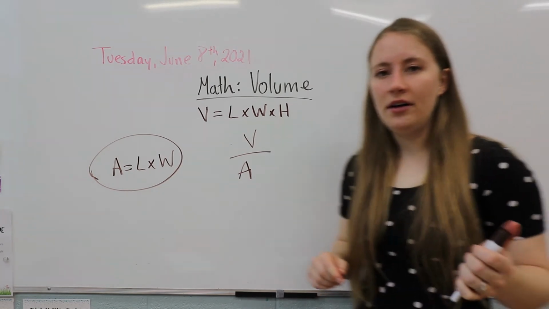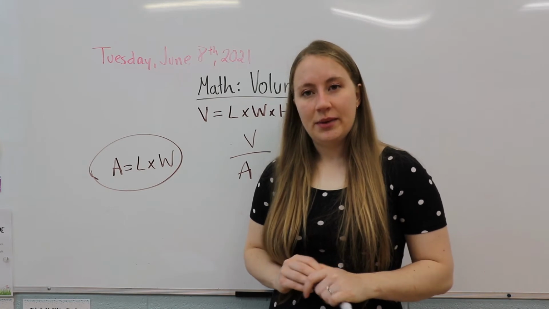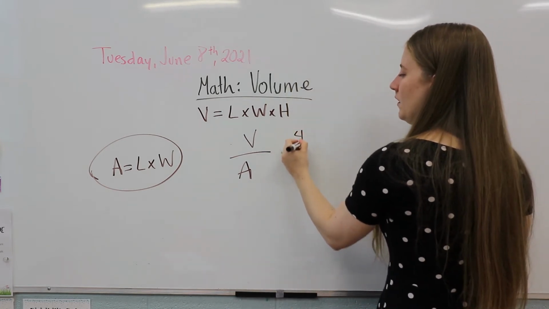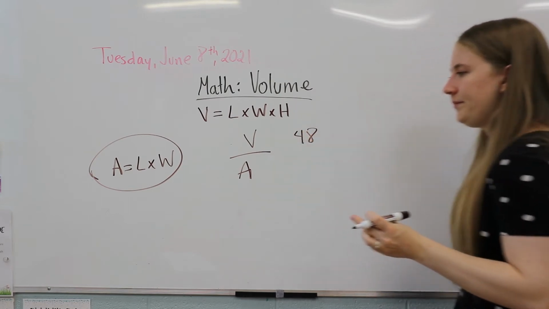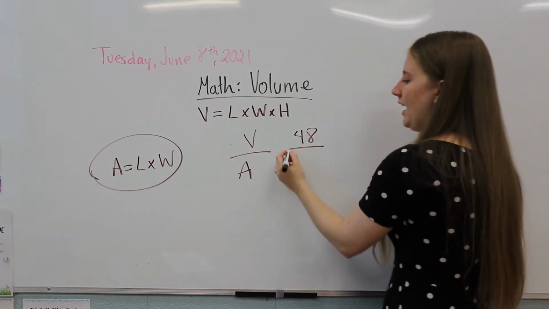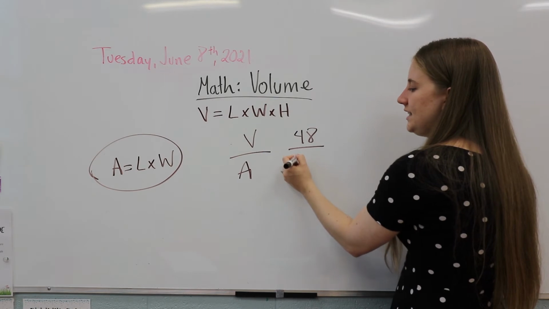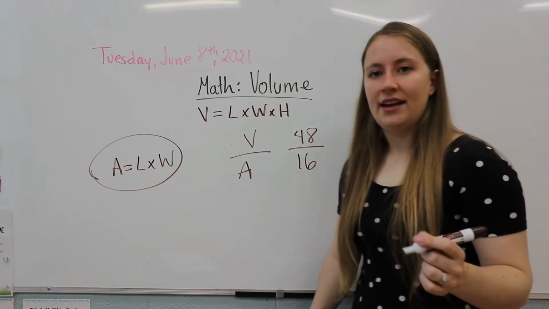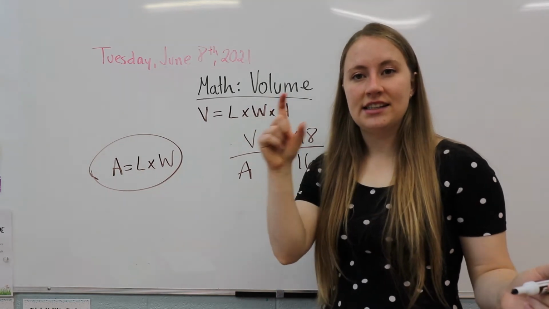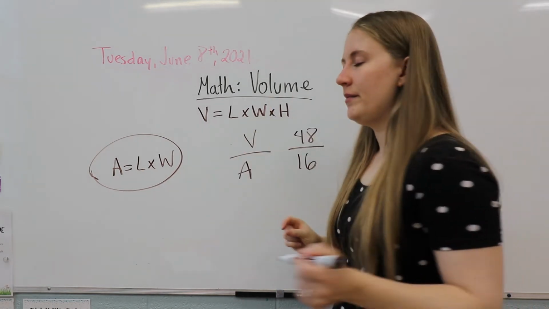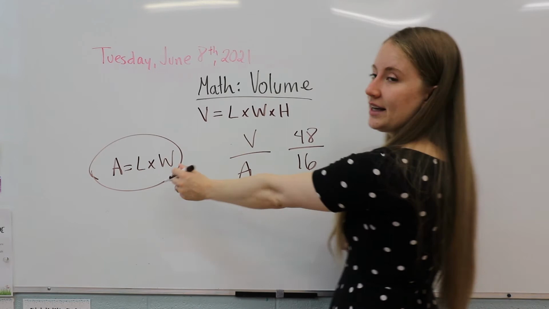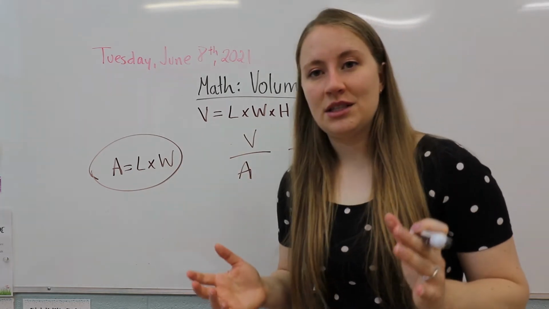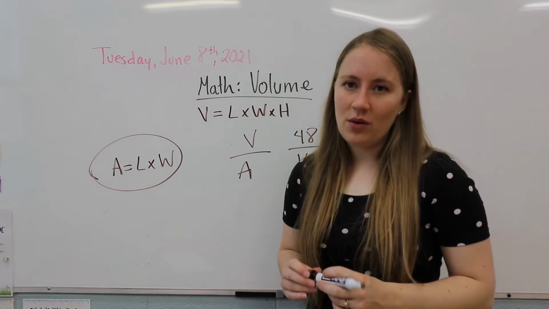So for example, if we are going to make a shape that has a volume of 48, okay, and it has an area of 16, we can divide those to find the height of that cuboid, okay? Because the area we're assuming is length and width. So that means that we have the value of the length times the width, even though we don't necessarily know what it is.